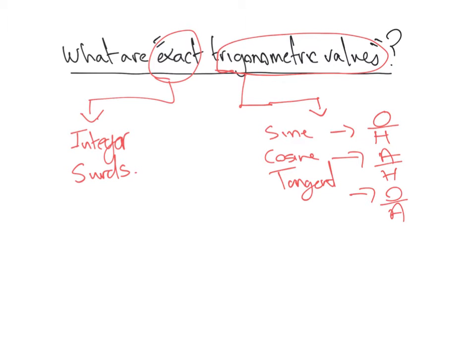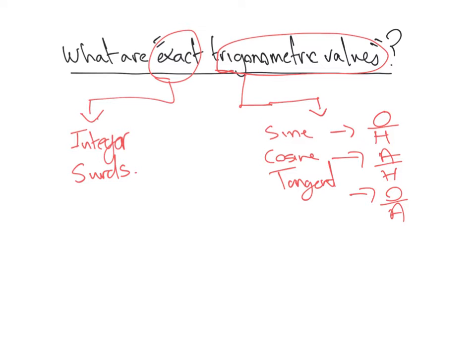And there are two ways to use these. The first way is to remember them, and we'll talk about that later. And the second way is to remember how to derive them, and we'll do that as the second part of this topic. Now, because of the way they're derived, these trigonometric values are for the same set of angles.